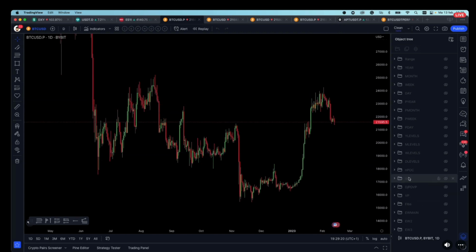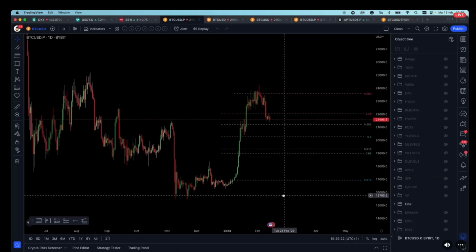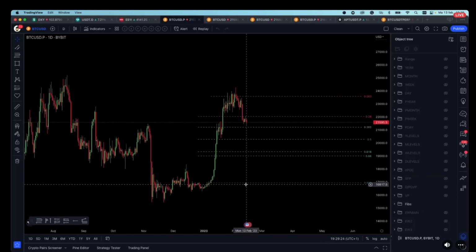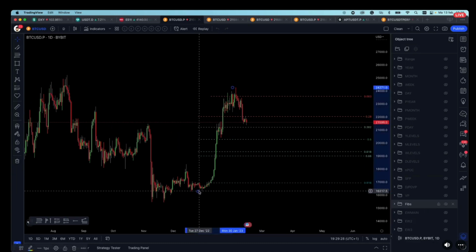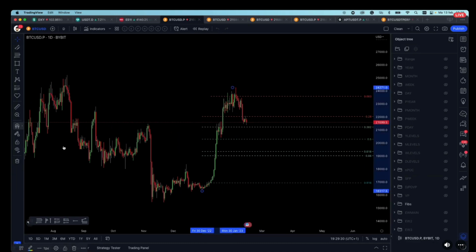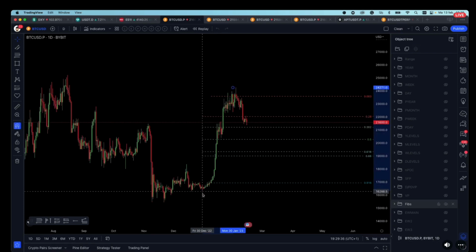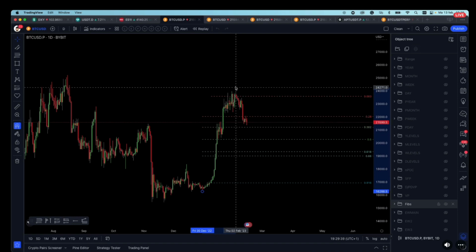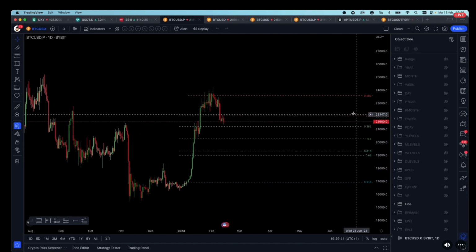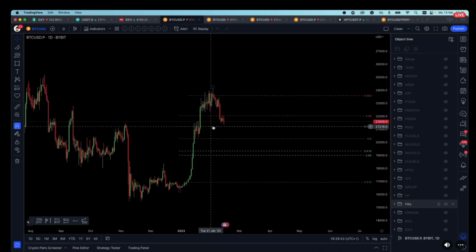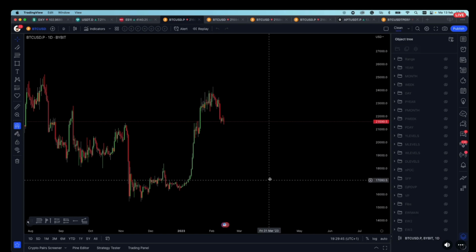So I have the VP, and then I have the fibs. Currently, I only took the fibs from this structure right here. And I have the 0.618 and the 0.382 a bit lower. So these are all my levels that I have on my chart.